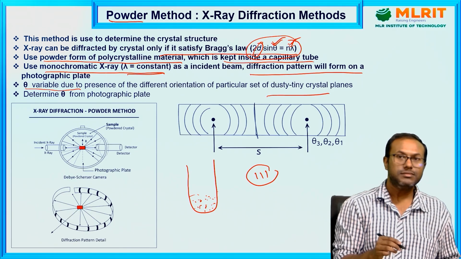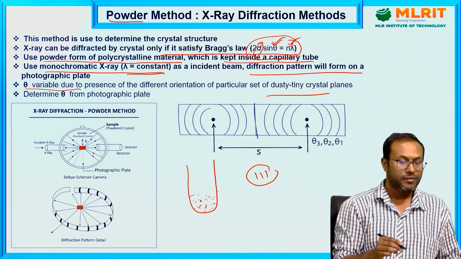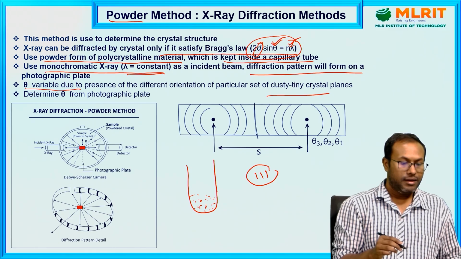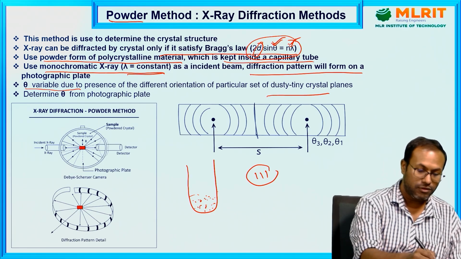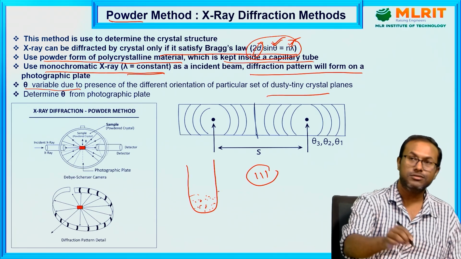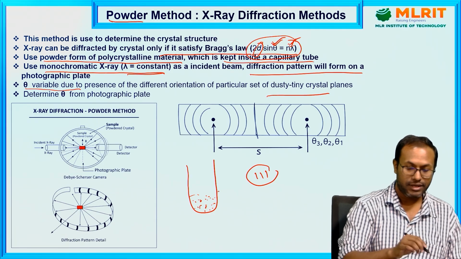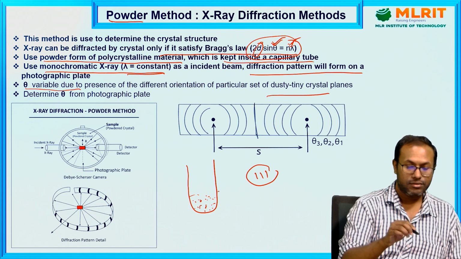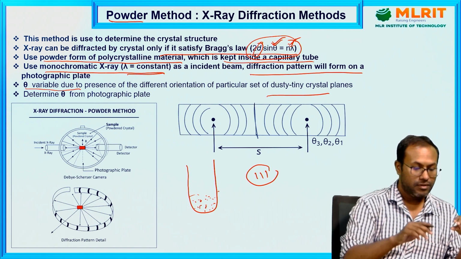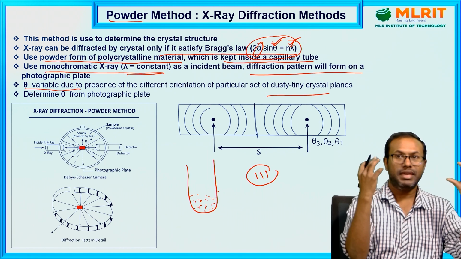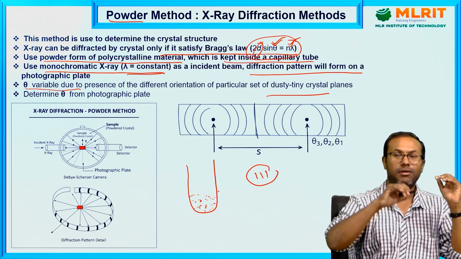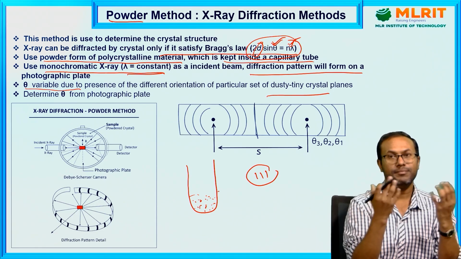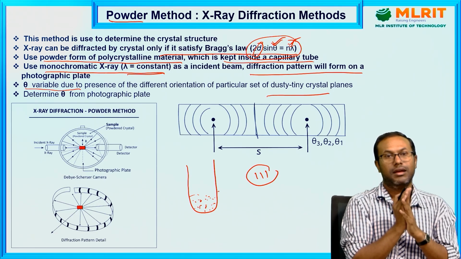Now what will happen? The light falls on these crystal planes and is reflected from them. Then you place a photographic plate, and the reflected light falls on that plate and forms a diffraction pattern.